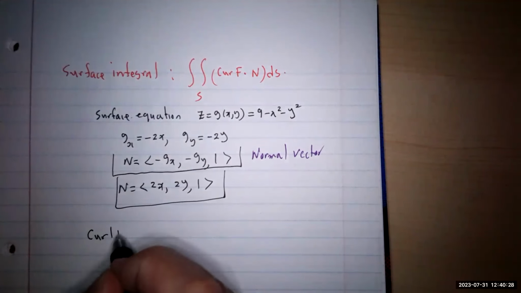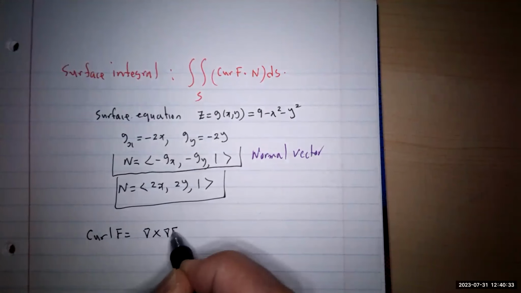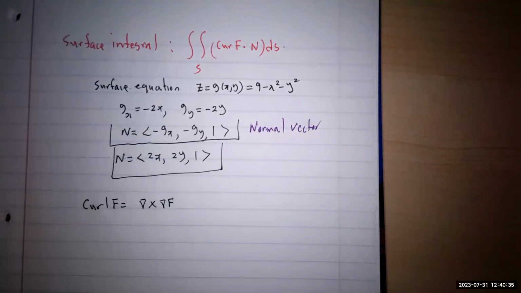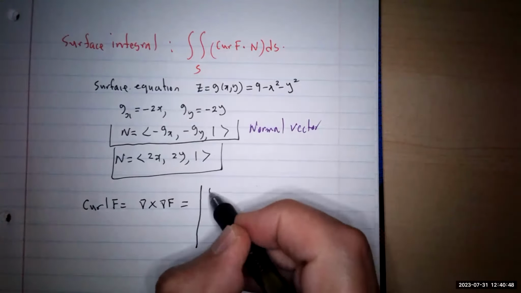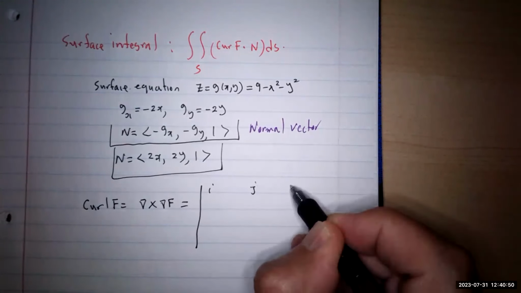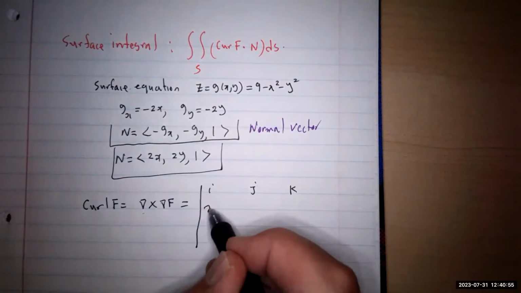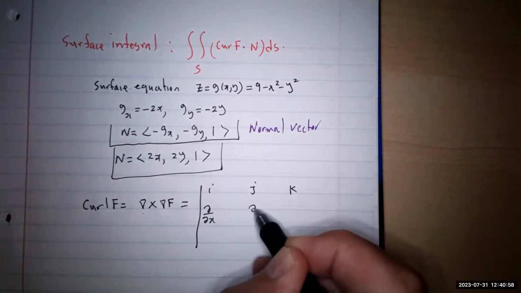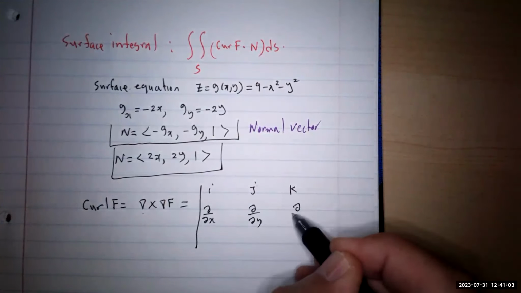The curl of the F function, remember, is the cross product of the differentiation operator, del, with F. So this is going to be equal to the formula: the first row is i, j, k. The next row is just the differentiation around x, around y, and around z.